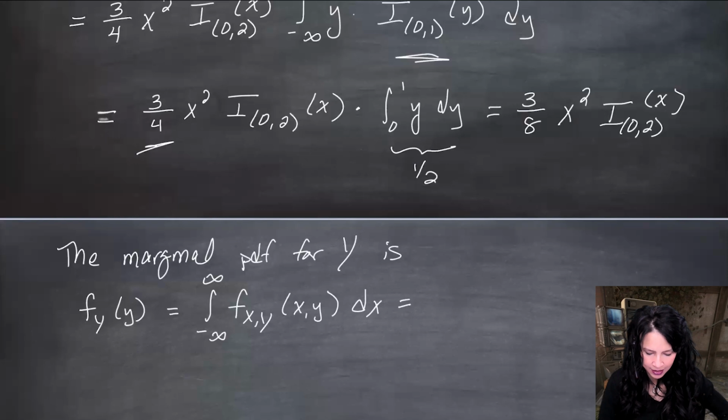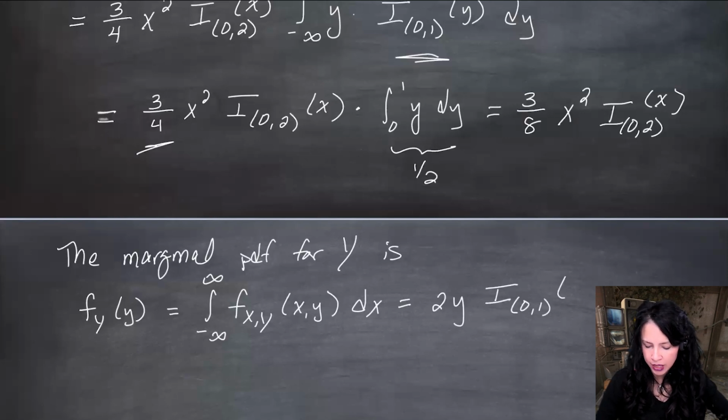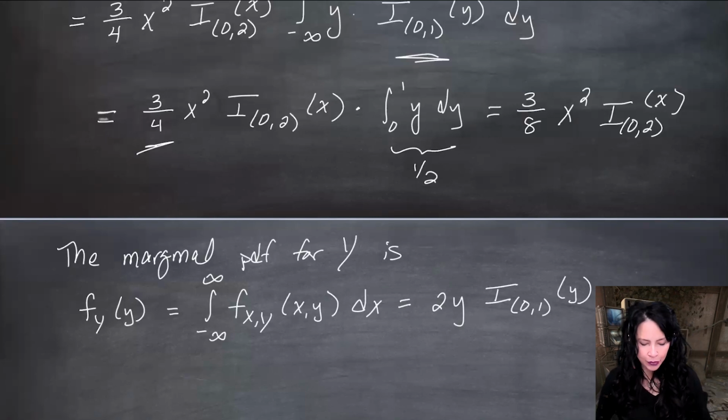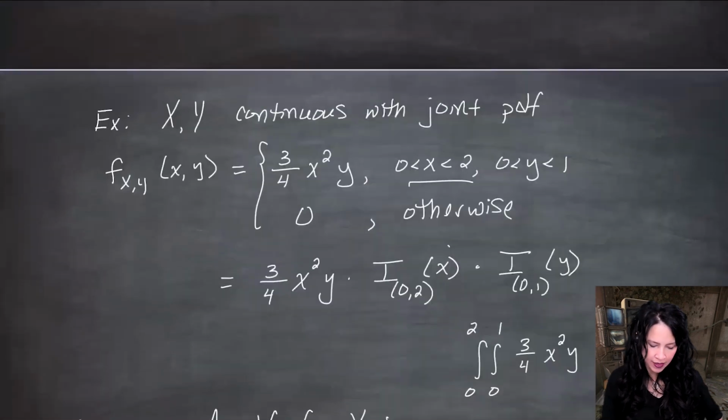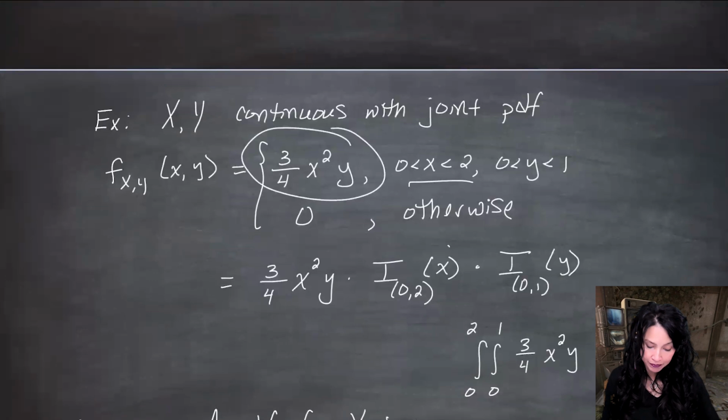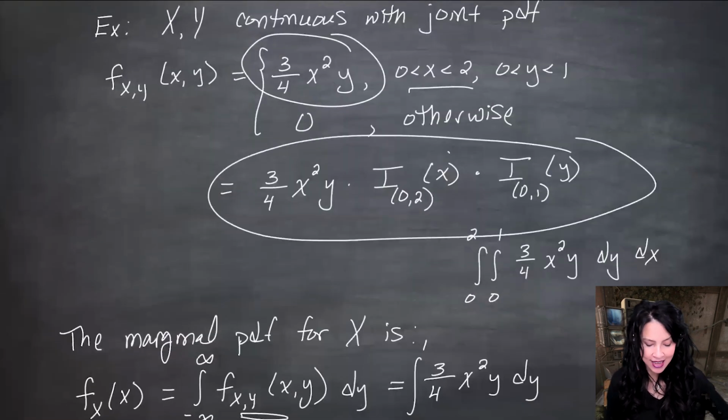I think this is going to be 2 times y, and then an indicator saying that y is between 0 and 1.